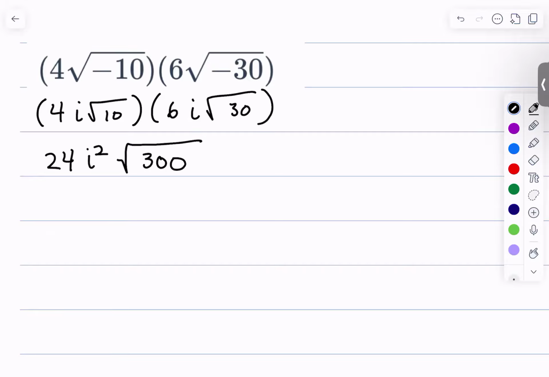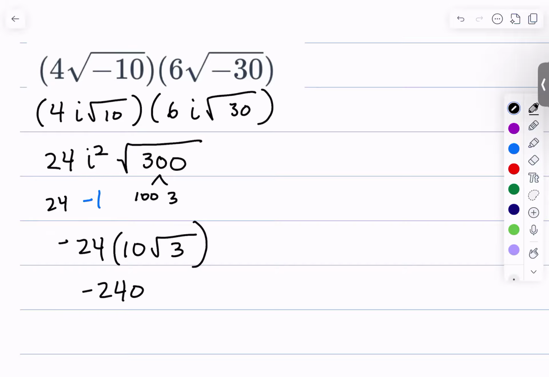The i squared would be negative 1, so 24 times negative 1 would be negative 24. The 300 becomes 100 times 3, so that would be 10 square root of 3. Multiply those two numbers out: negative 24 times 10 would be negative 240 square root of 3.